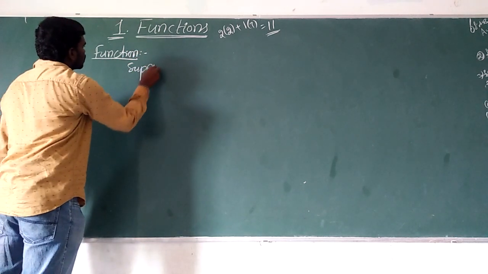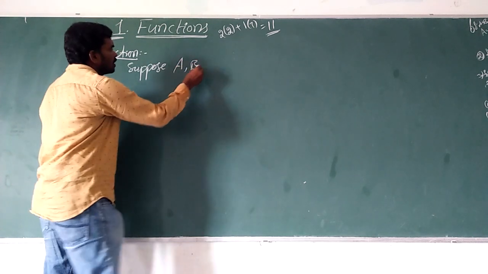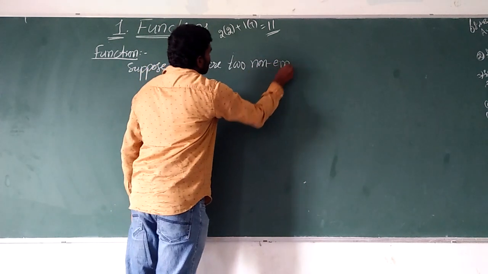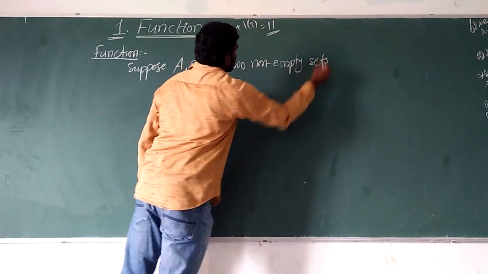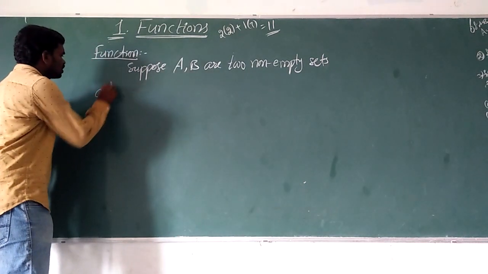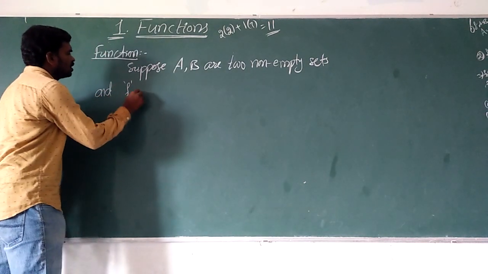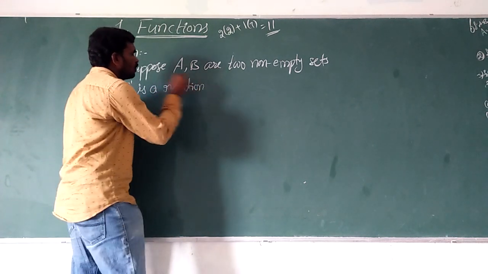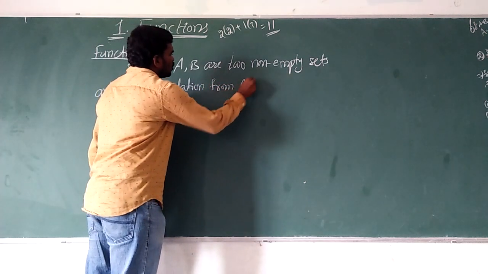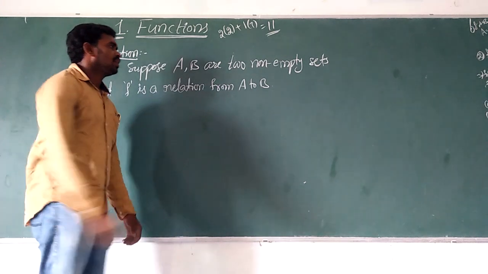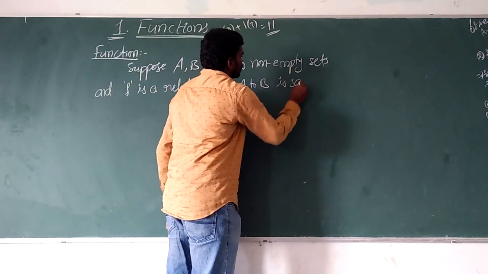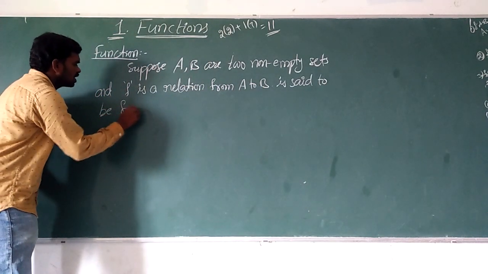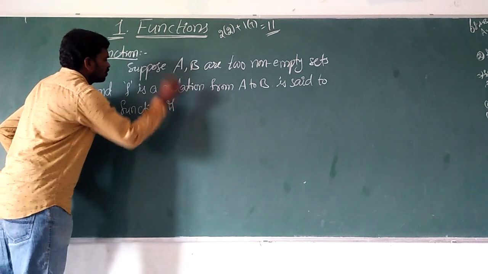So function means, suppose capital A and capital B are two non-empty sets, and small f is a relation from A to B, is said to be a function if, okay.